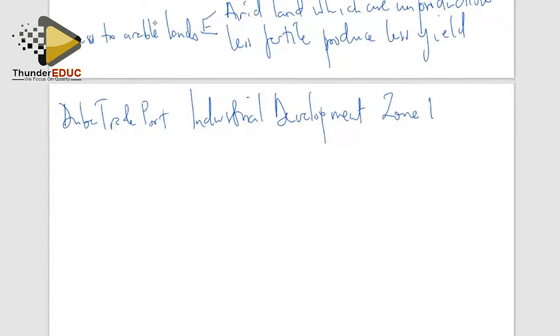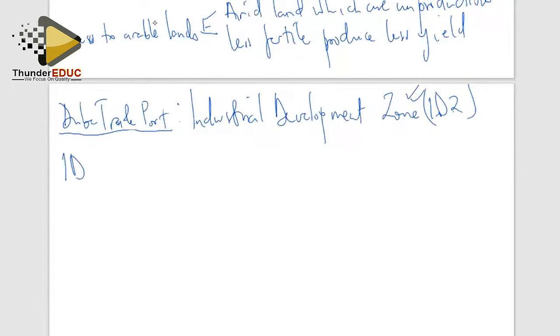What is an IDZ? We need to first of all understand what an IDZ is so that we can relate it to the features of the Dube Trade Port.